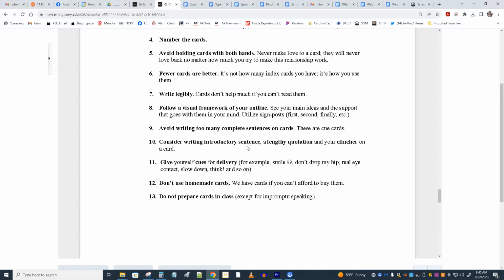You give yourself cues for delivery, like smile or pause. You can underline things. You can use markers for color on things to make them stand out for you. You make your cards helpful, and you make sure your cards are prepared, actually not just in advance of the class, but before you do your practice with a TA.